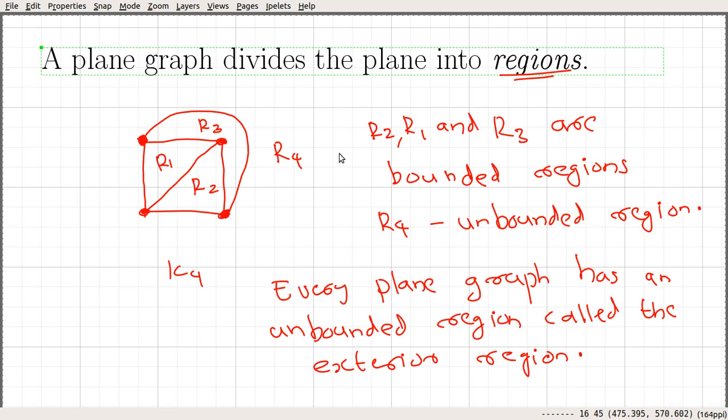In this case, this particular region R4 is what is called the exterior region. It's an unbounded region, and every plane graph has an unbounded region.